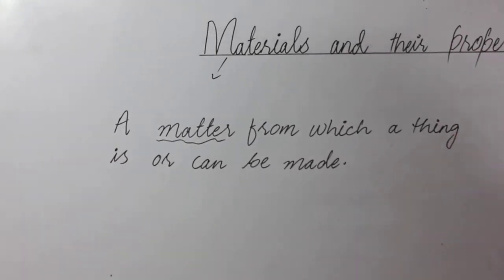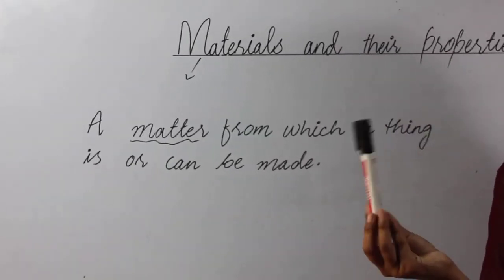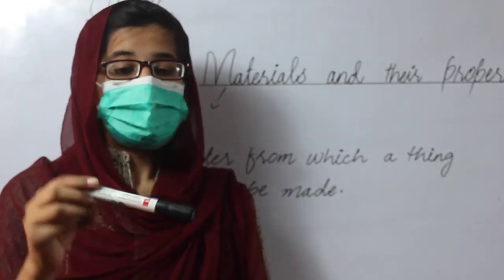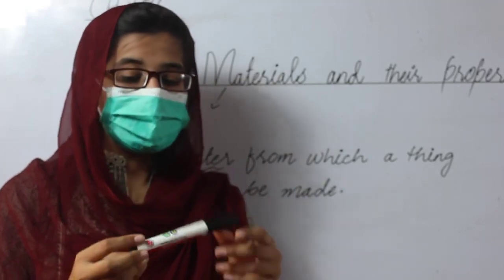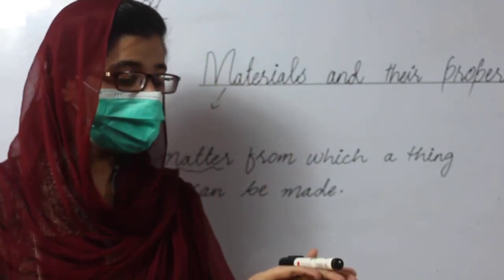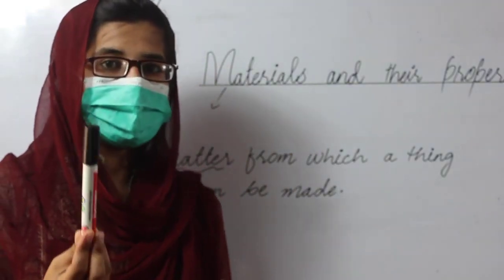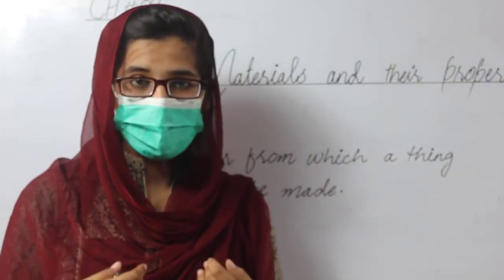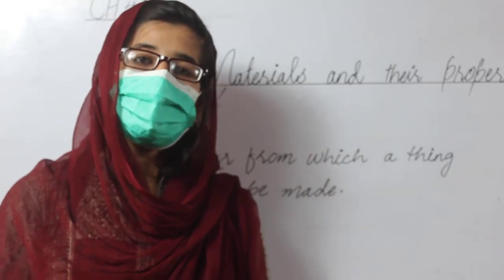For example, it's a board marker. It has mass and it also occupies space. So we can say that it's a matter. Students, we are also matter because we have mass and we occupy space.